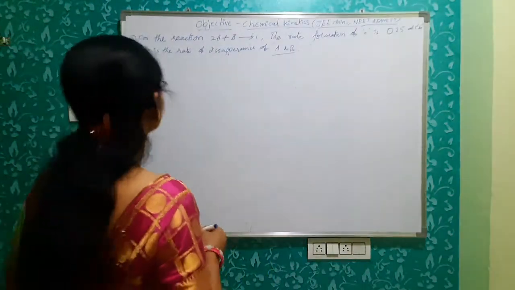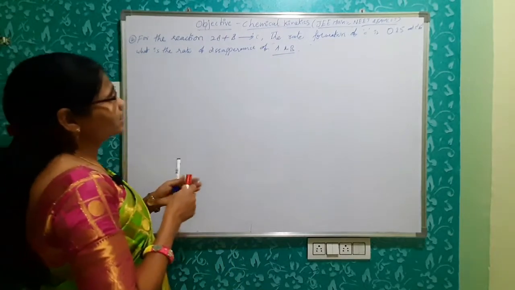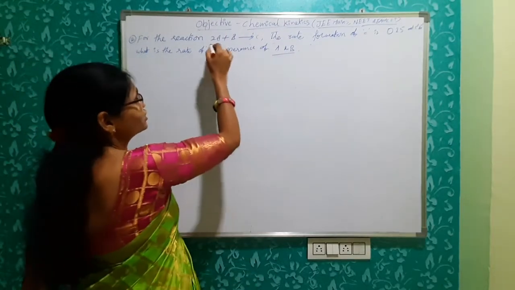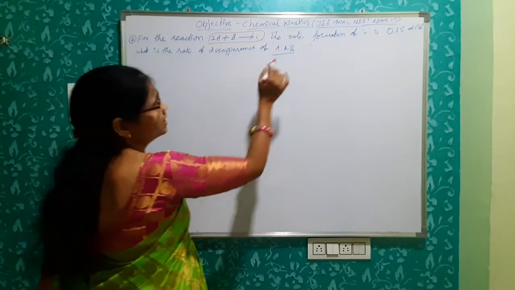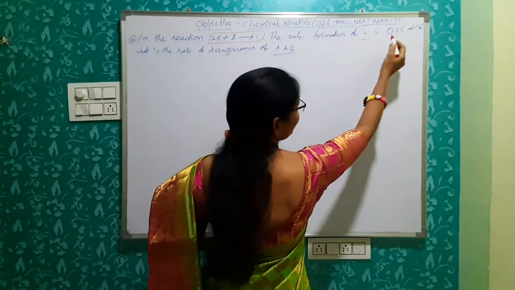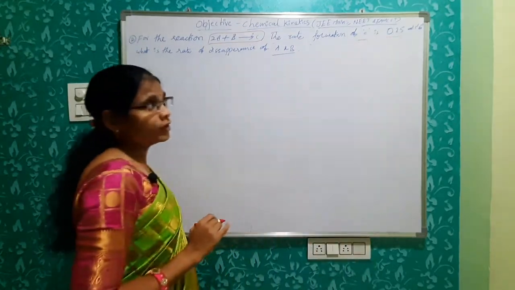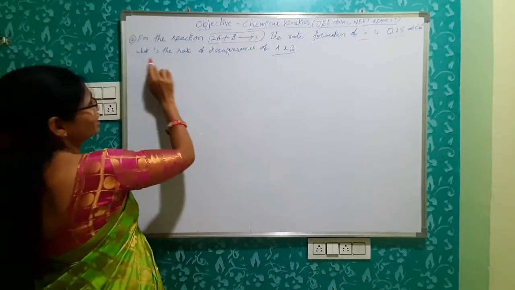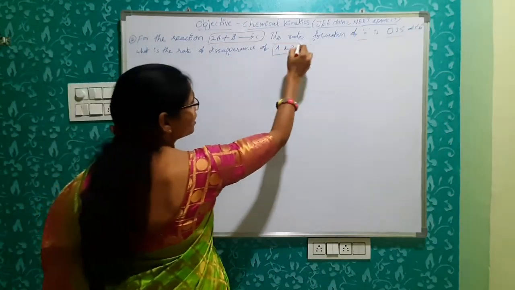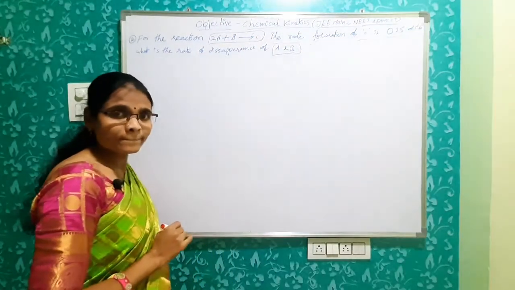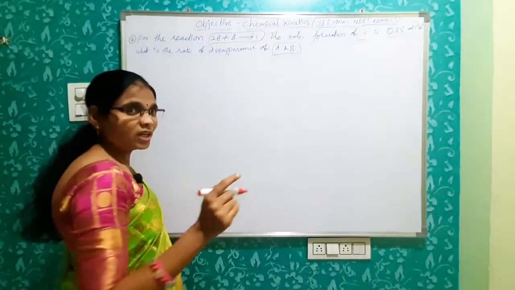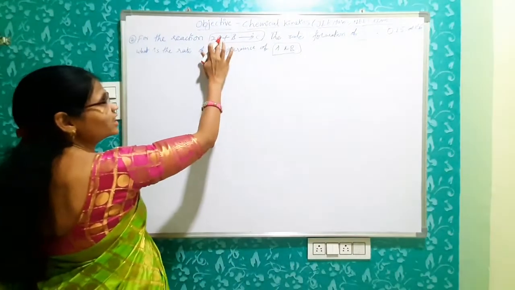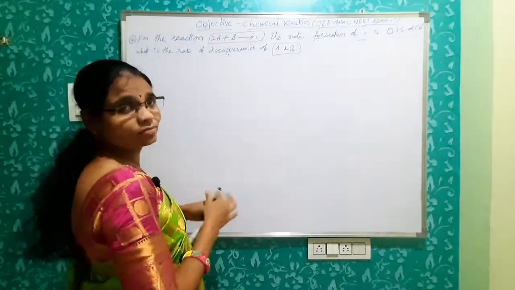See here. For the reaction 2A plus B gives rise to C, the rate of formation of C is 0.25 moles per liter per hour. So what is the rate of disappearance of A and B? First of all, write the rate expression for the above reaction.